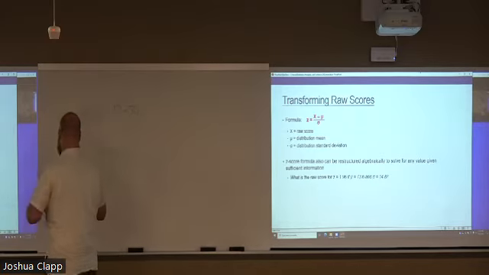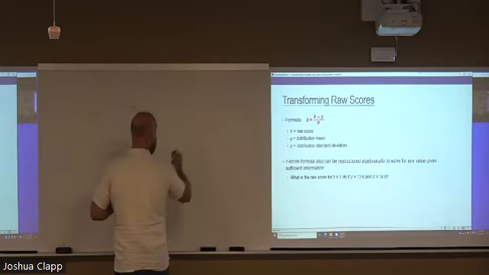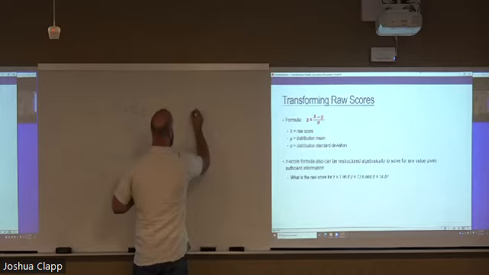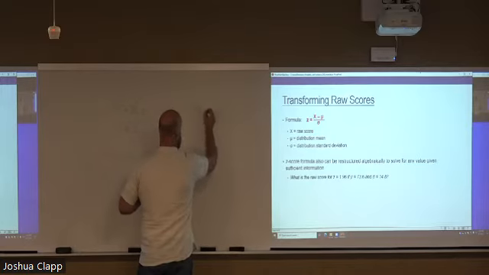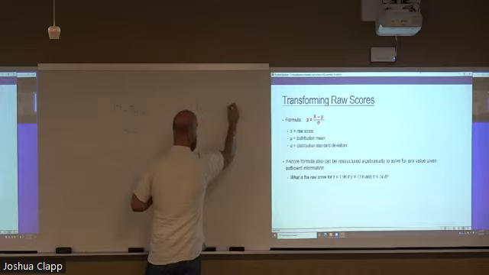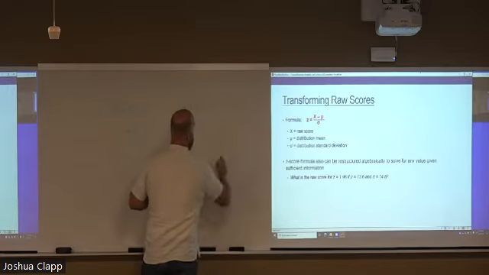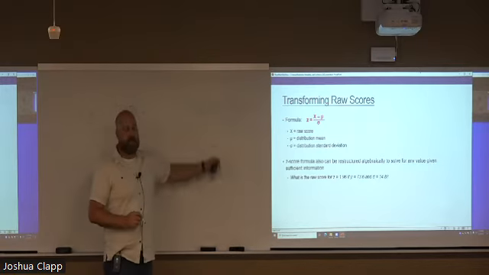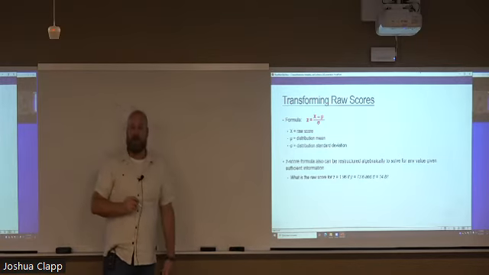So I know that 1.96 equals x minus 73.6, over 14.8. This is just basic solving for x.